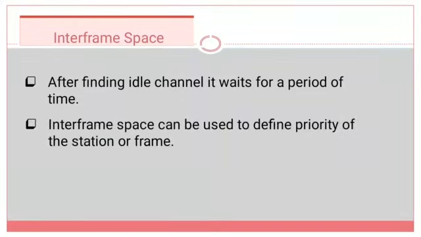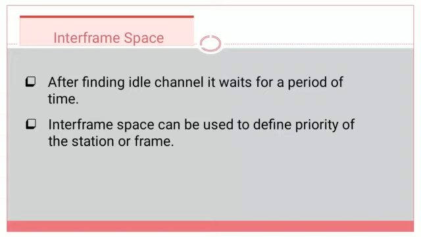Interframe space can be used to define the priority of the station or frames. So why is it used to define the priority? Whenever hidden terminals are there, using the single shared channel, two or more stations want to transmit a packet at a time.